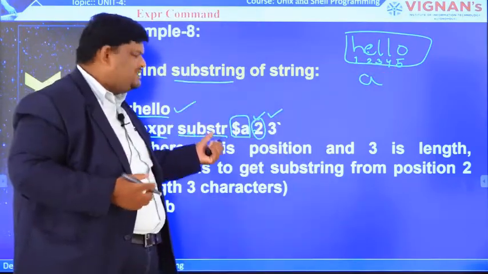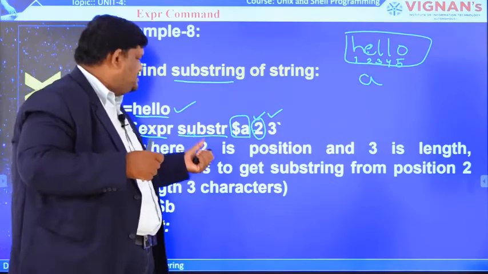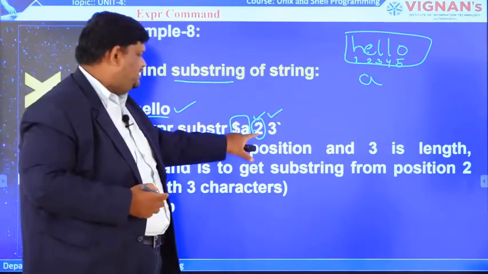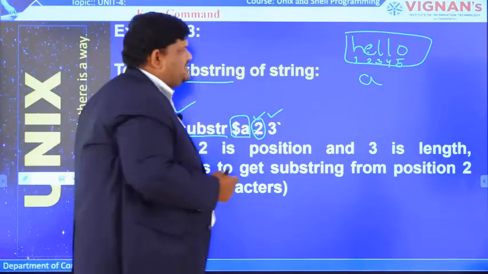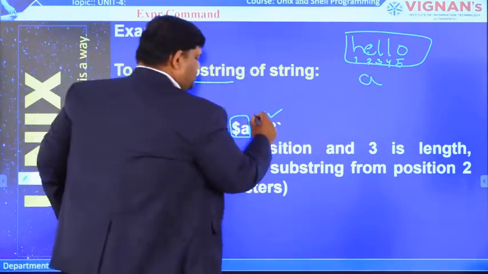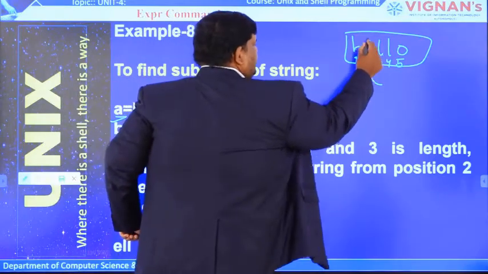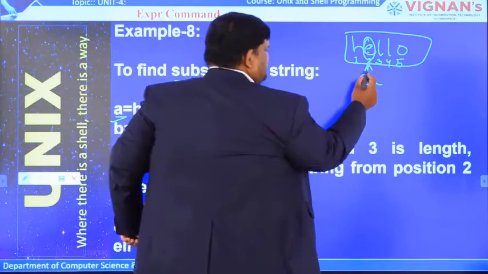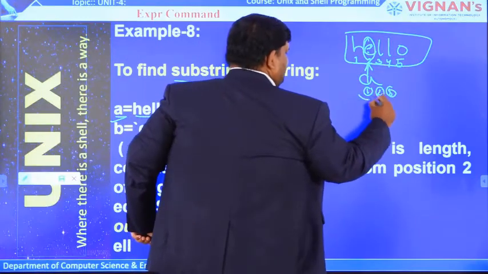How is this substring evaluated, or how is the substring extracted from the given string? First you have to verify this. 2 means position. Which character is present in the second position? We are giving 2, so the second position, where the character E is present. From here the length is 3. 3 means 1, 2, 3, so total 3 characters.